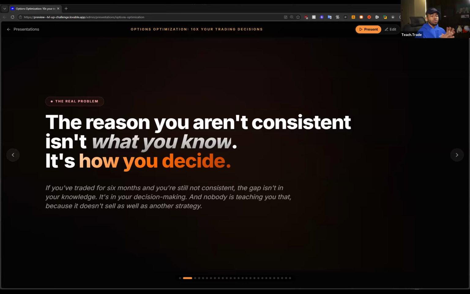So, what we want to do is stop with any of the defeatist thinking. What I'm going to tell you is that trading isn't about your strategy. It's not about how much you have. It's not about how many hours that you stare at the chart. It's about the decisions that you make and how efficient those decisions are when the time matters.